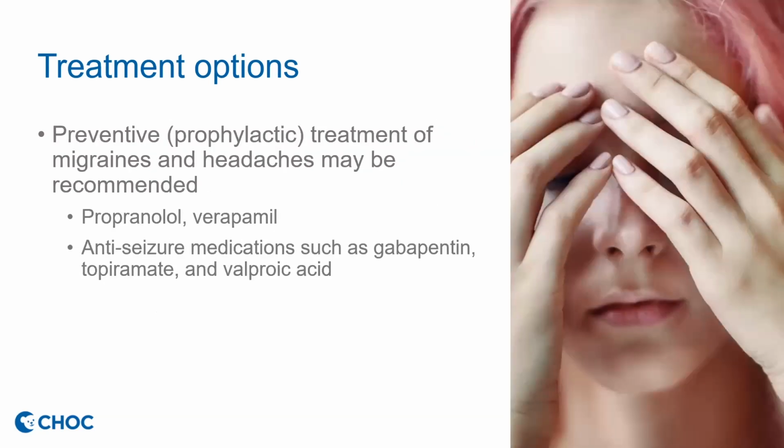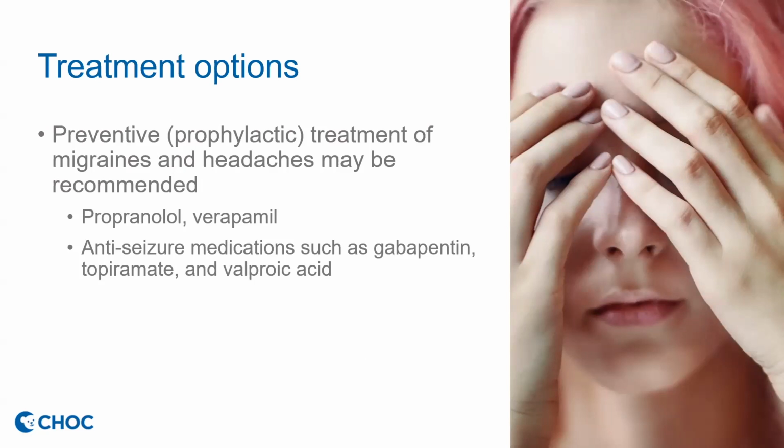For migraines or headaches, we use what we typically use for preventive medications. Some are thought to be a little bit more useful in patients with Sturge-Weber, like a few blood pressure medications.